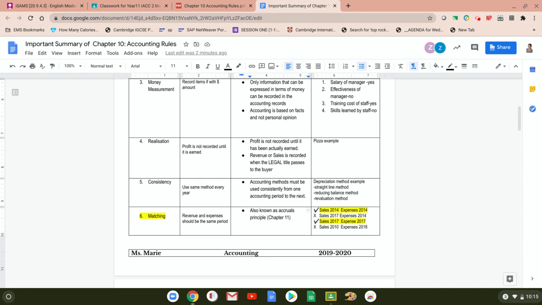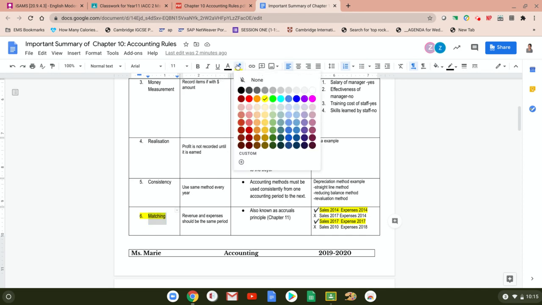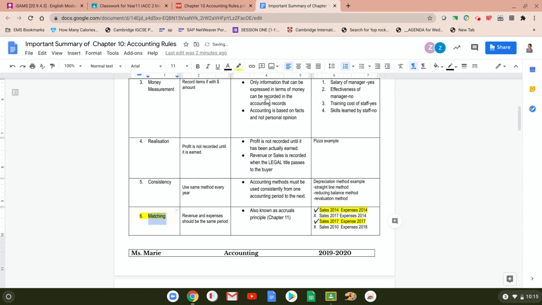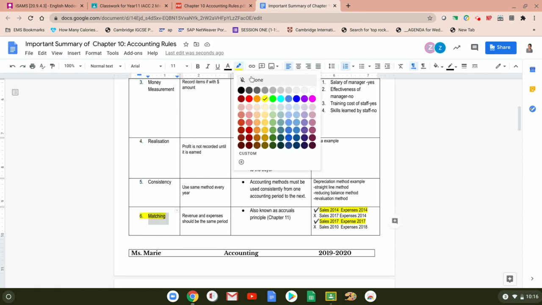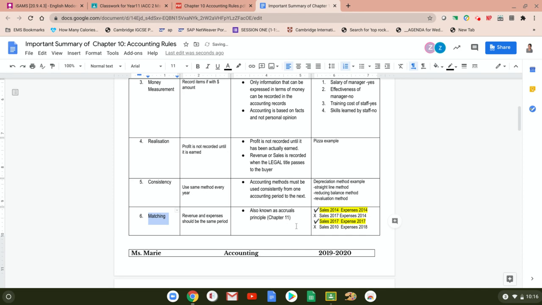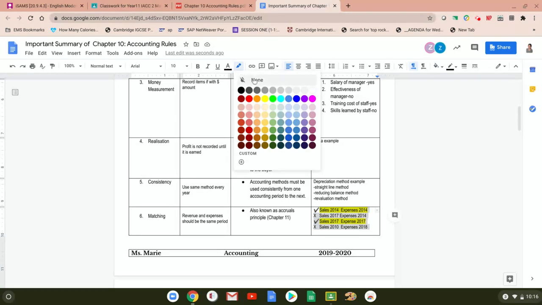We match the same year expenses and income, right? That is matching. Key idea, we record revenues and expenses in the same year that they are incurred or that they are paid or that they are received. So I hope that's clear for the matching principle.